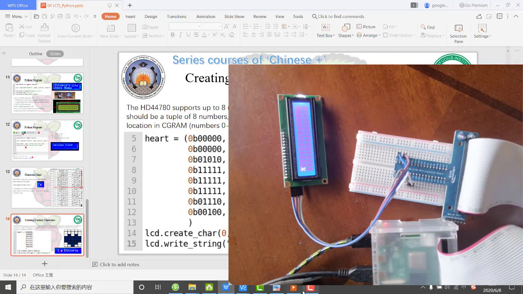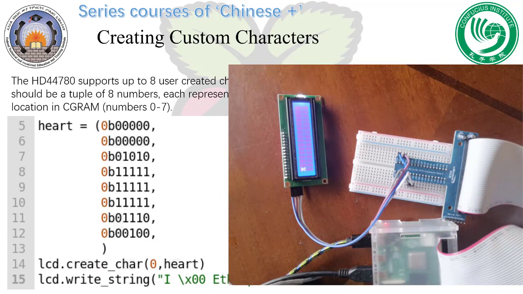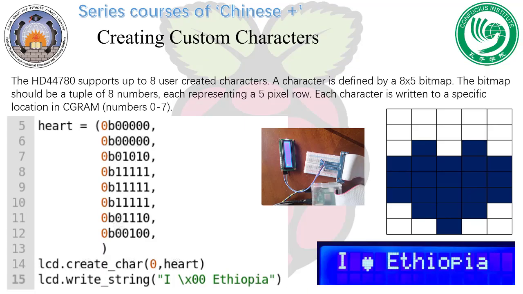Also, sometimes we need to create some character or bitmap to make it more interesting. For example, I want to show this: I love Ethiopia. Here I use a heart shape, and our HD44780 LCD supports up to 8 user-created characters.